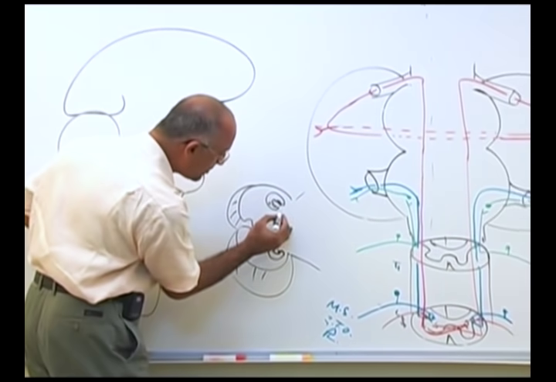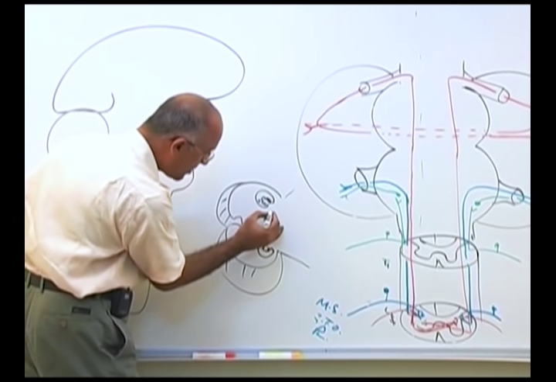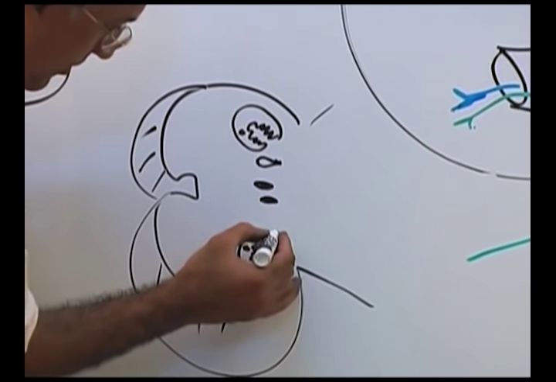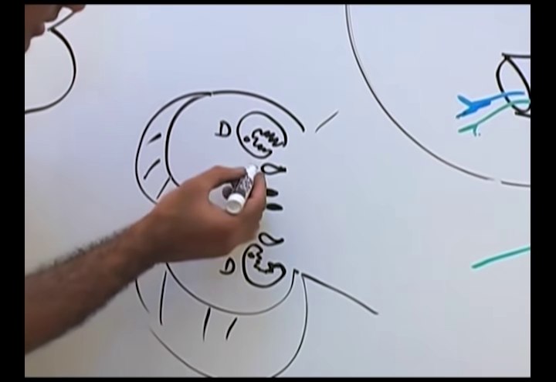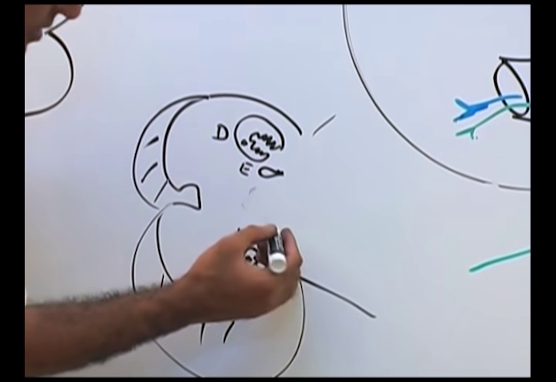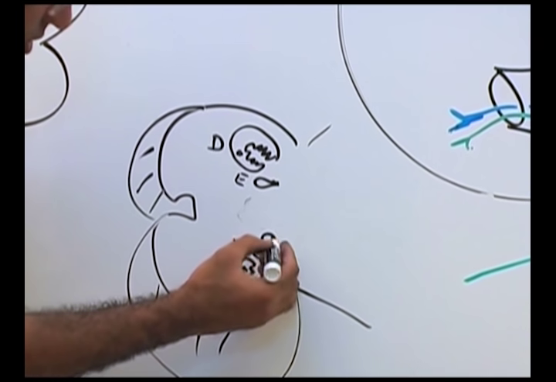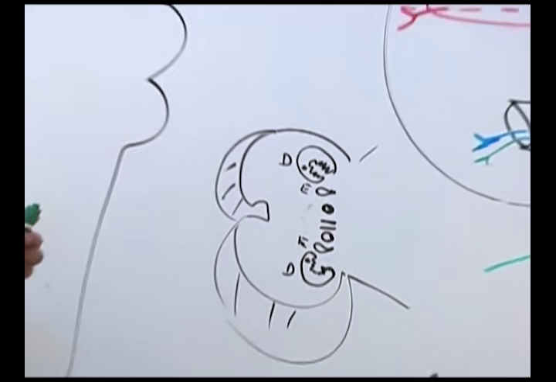Then there is the emboliform nucleus. This is dentate, then emboliform, then more medial is globose, and eventually fastigial. Is that right?